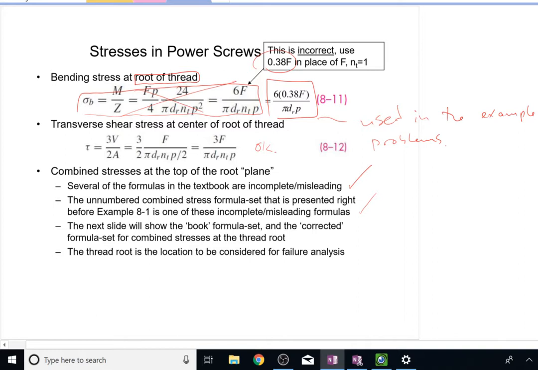The next slide will show a summary of the book formula set and the corrected set of combined stresses at the thread root. This is really where we want to examine if we're having a failure or not. The thread root is the location to be considered for failure analysis.